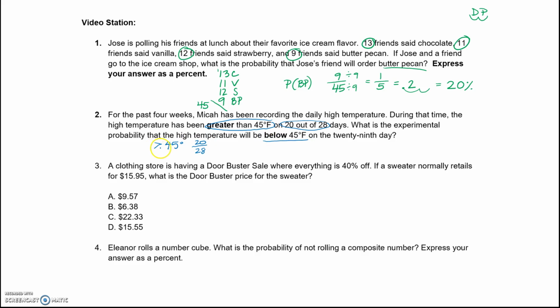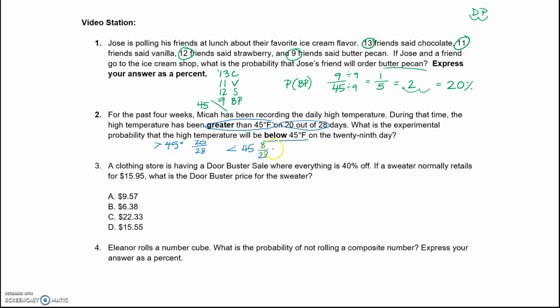So if it was greater than 45 degrees 20 days out of 28 days, then it must have been below 45 degrees the rest of the days, right? So this is like a complement. So 28 minus 20 is 8 days out of 28 days. So then we're going to go ahead and simplify.